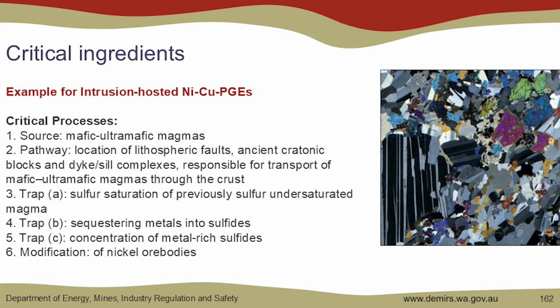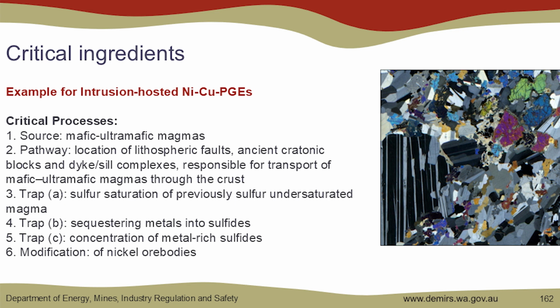So for the intrusion-hosted nickel, we've identified the following as the critical ingredients or the critical processes. So we need a source of the metals. This is our mafic, ultramafic magmas. How do we get these mafic, ultramafic magmas up into the crust? That's via lithospheric faults, ancient cratonic blocks, and dike sill complexes. We've then identified 3 different trap components.